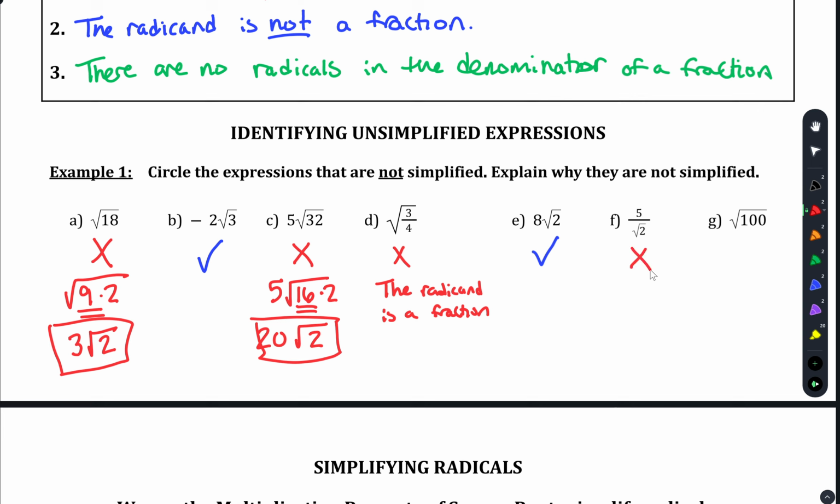And then once again, letter F breaks that third rule this time. There is a radical in the denominator, so that will not work. And the last one, letter G, is also not simplified. 100 is a perfect square, so we know that we can simplify that to just 10.